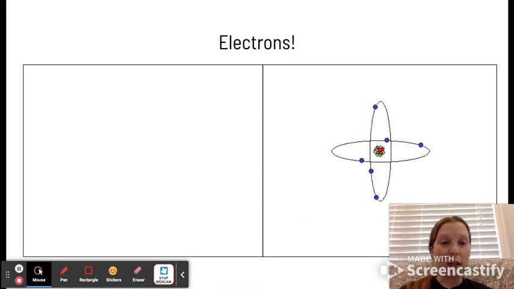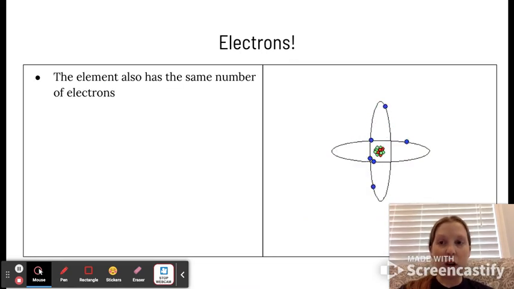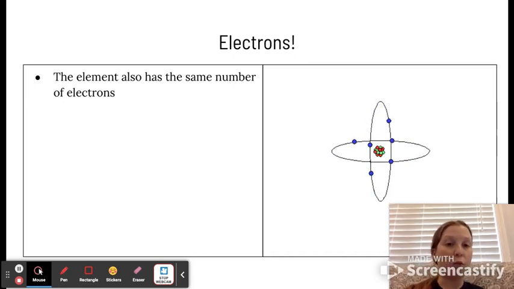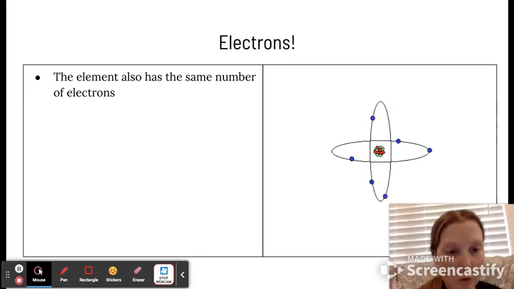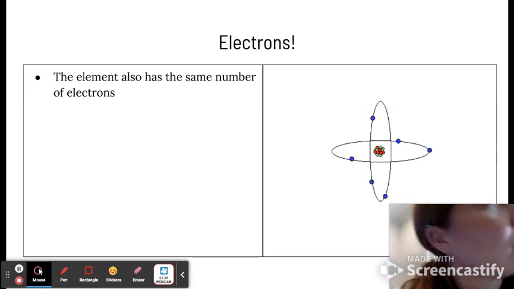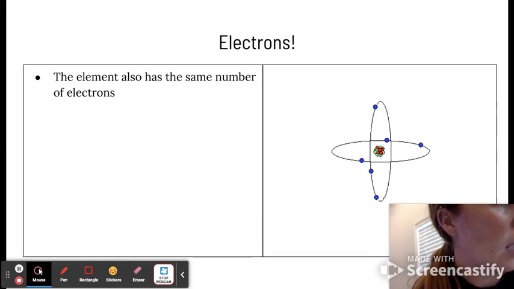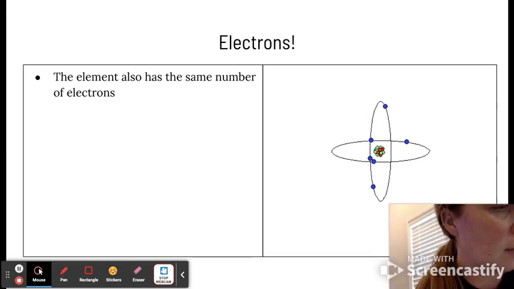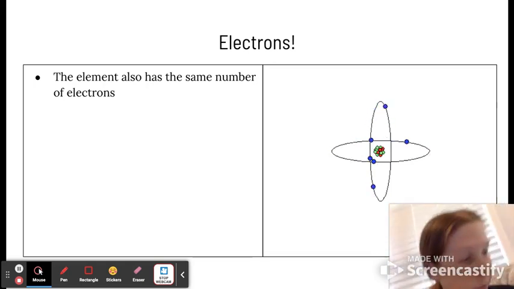Our next one is electrons, and electrons are equal to the number of protons in a neutral element. Okay, so in a neutral element, you need to have positives that cancel out with the negatives.